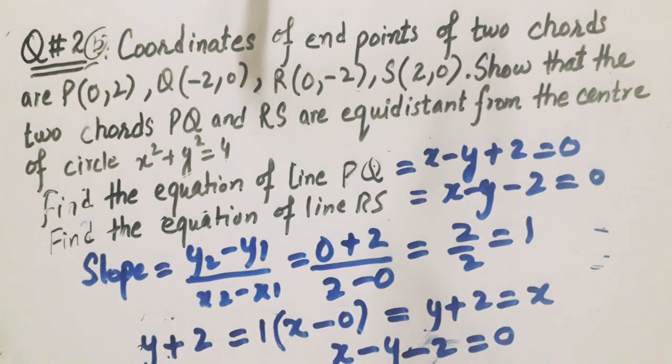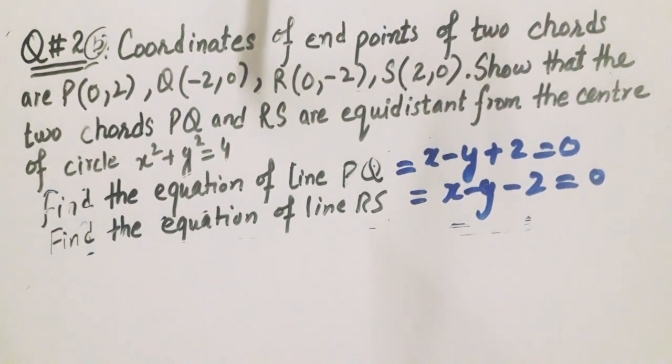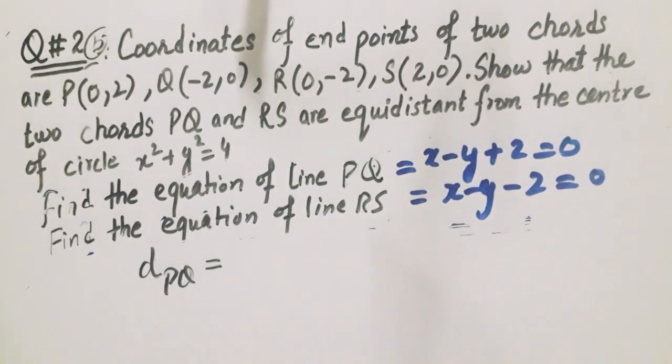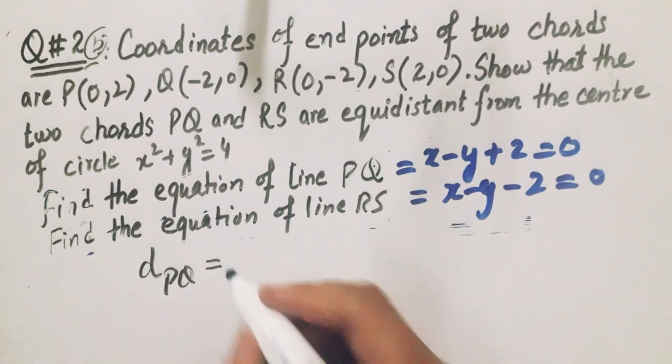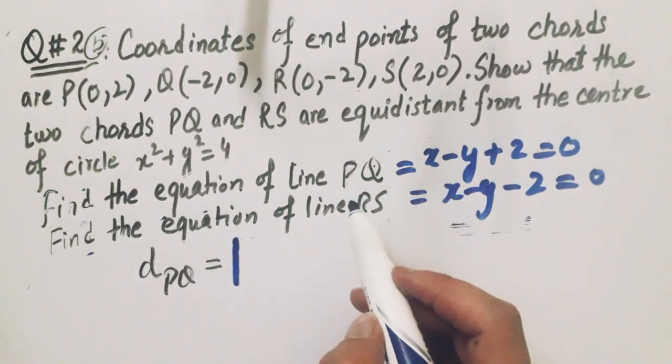Now we will find the distance from the center to the line PQ. So distance of PQ will be equal to |Ax0 plus By0 plus C|, where x0, y0 is the center of the circle.